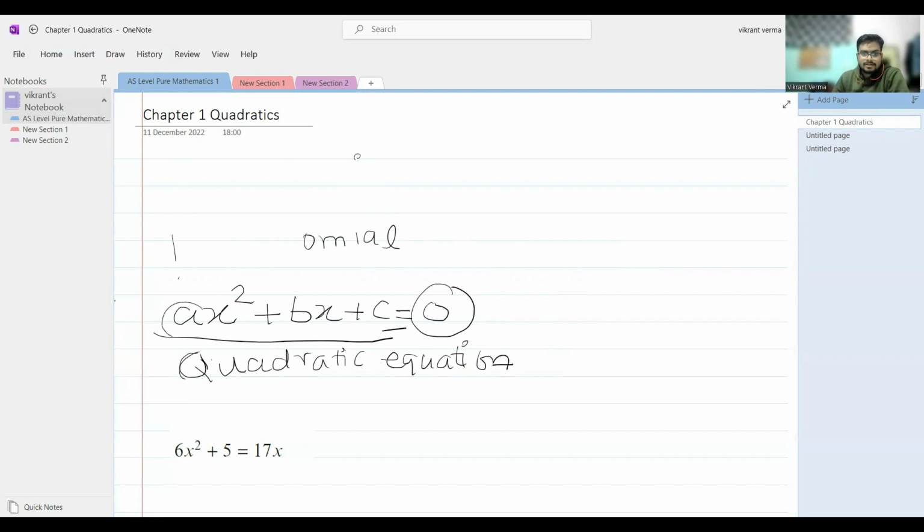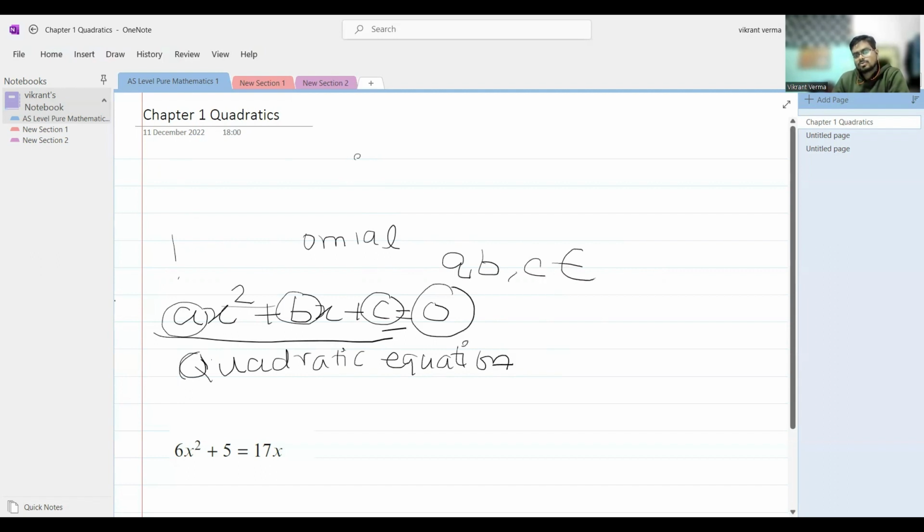The coefficient of x square is a, the coefficient of x is b, and the constant coefficient is c. All these coefficients a, b, and c are real numbers, so they belong to the set of numbers known as real numbers. This is the notation for real numbers.